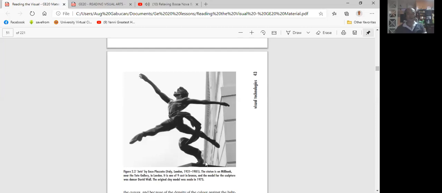We can see that it's elevated because of the way it was shot. We can also see the size of the statue. We can also infer that it's an important edifice because it's located outside a building.